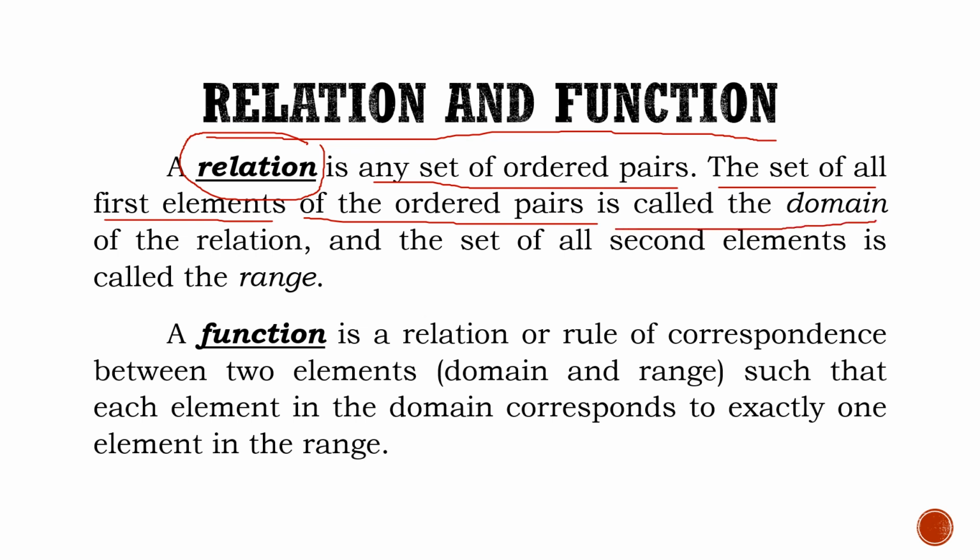So dealing with your domain, this will be your x values in a given set of ordered pairs. So that will be your first elements from the relation. And the set of all second elements is called the range. So that will be your y values in the given set of ordered pairs.